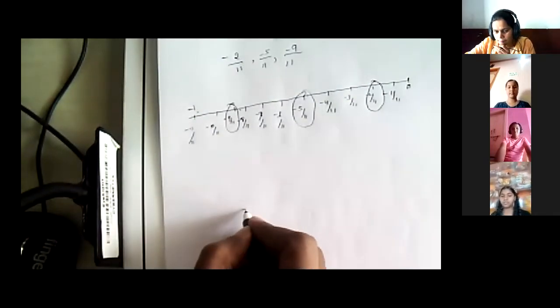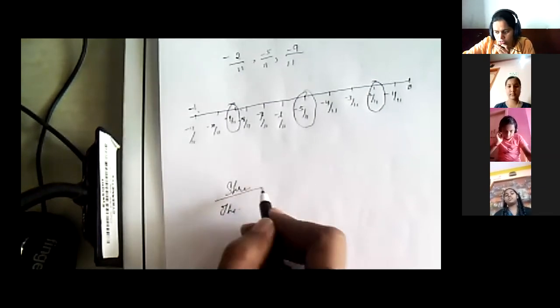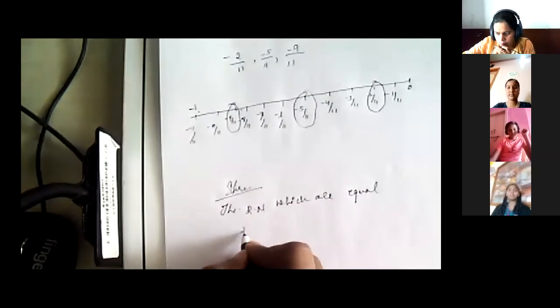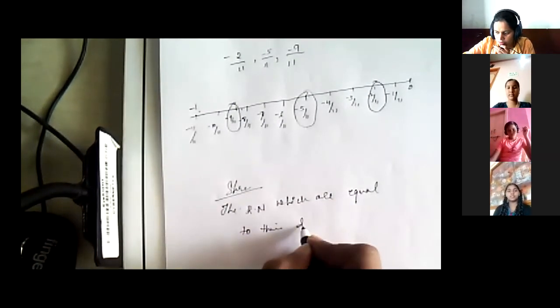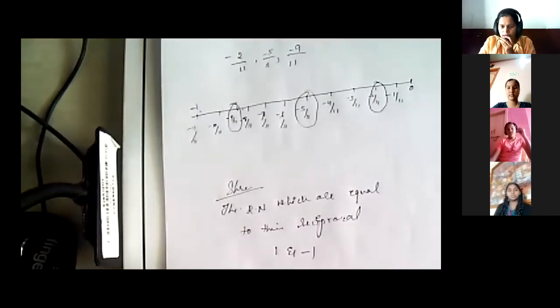The rational numbers that are equal to their reciprocals are 1 and minus 1.